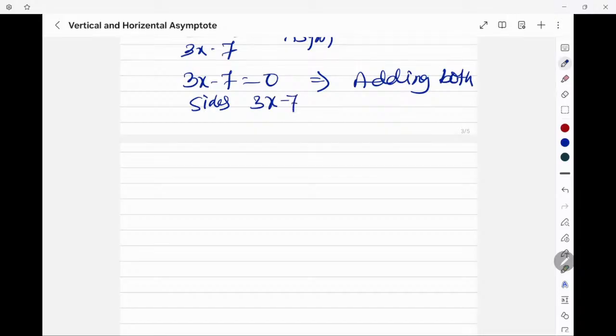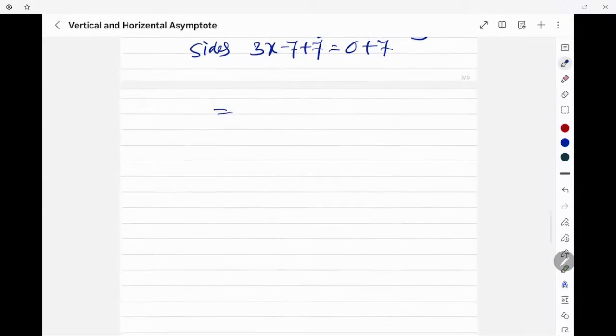3x minus 7 plus 7 is equal to 0 plus 7. So this implies 3x is equal to 7. Therefore, x is equal to 7 over 3.